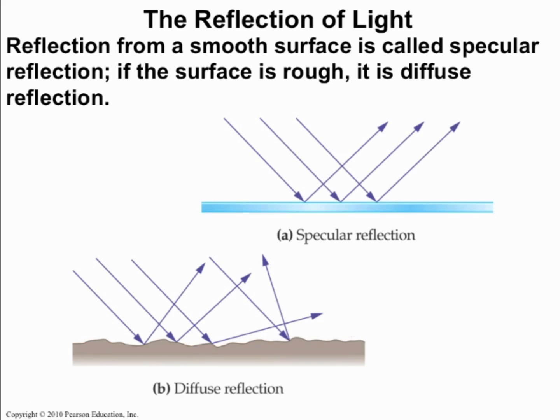The whiteboard reflects light, reflects all the colors, that's why we see it as white, and it looks fairly shiny. But you can't really see a reflection in it. I mean, you can a little bit, but certainly not as well as in a mirror, because the surface of the whiteboard is rough like this and definitely not smooth and polished. So you won't see yourself very clearly in the whiteboard.